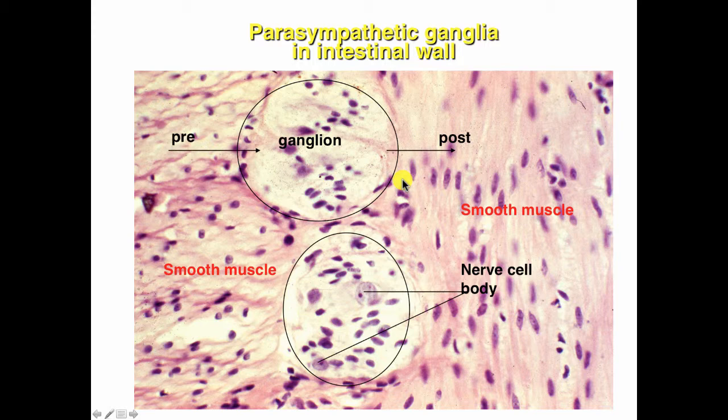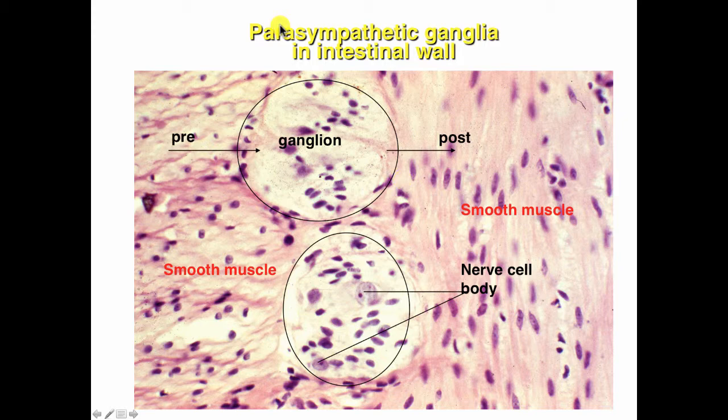It's called the enteric nervous system. It's still part of the autonomic nervous system, but the enteric nervous system refers to that part of the autonomic nervous system that serves the digestive system.